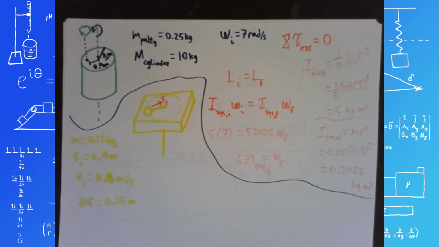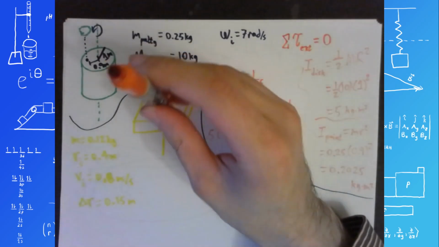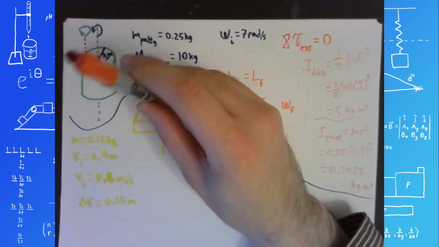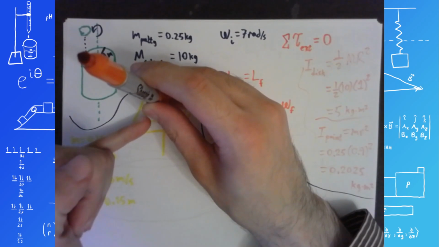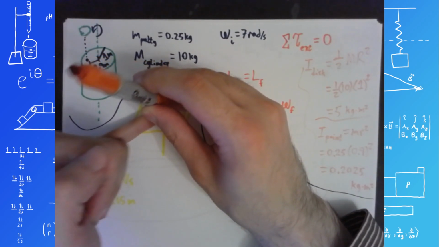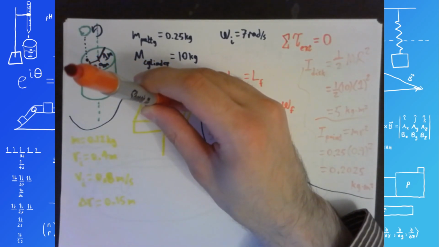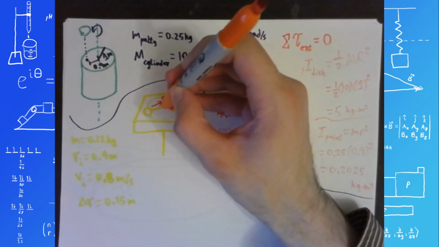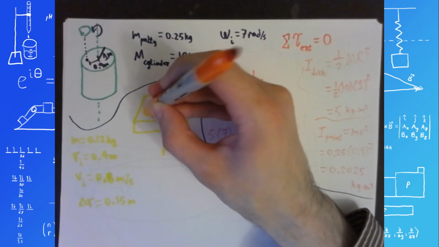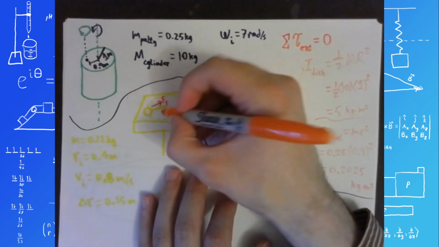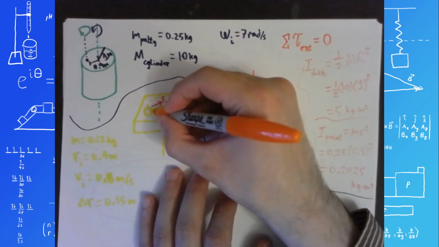Why? Because the axis of rotation for the puck is through the table, and the direction of the tension force is towards that axis of rotation. The lever arm is going to be from the axis of rotation to the point where the force is applied, so the lever arm would be that way.